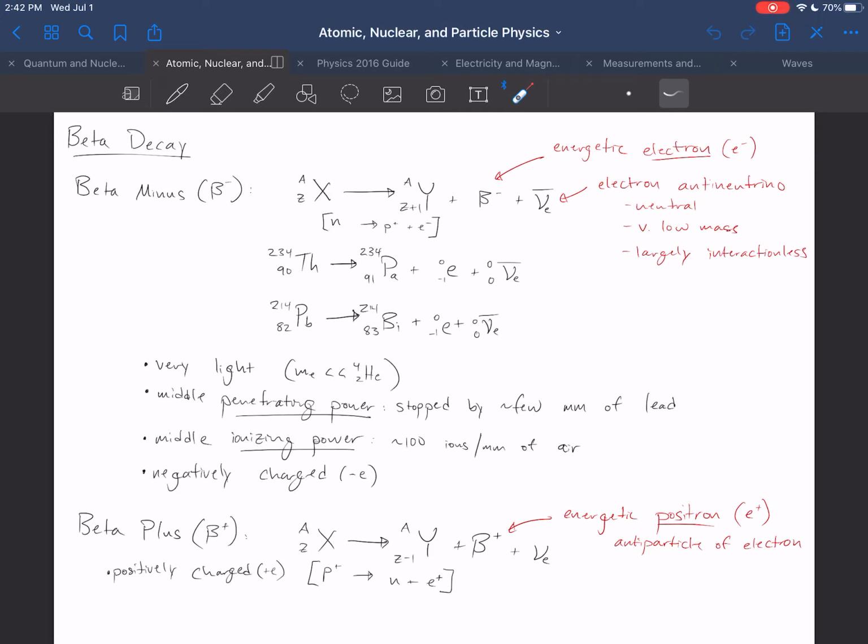A beta positive particle is not a proton. It is, in fact, an antimatter electron, or an antiparticle of the electron. As I mentioned before, we'll discuss antimatter in significantly more detail in topic 7.3, but for now, you can think of an antimatter particle as simply being a particle with sort of the opposite properties, except for mass, of the electron.